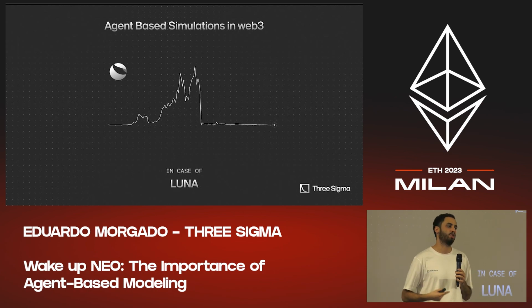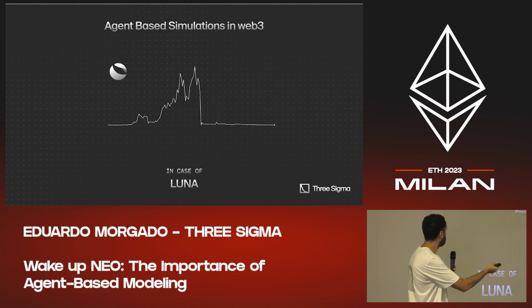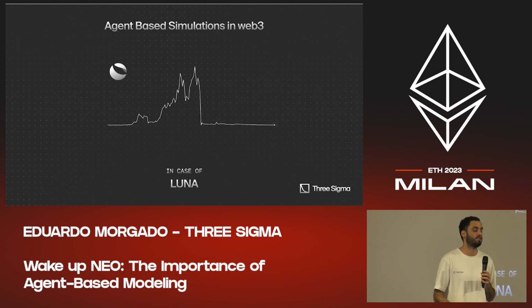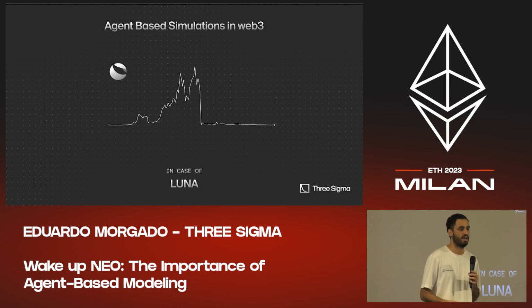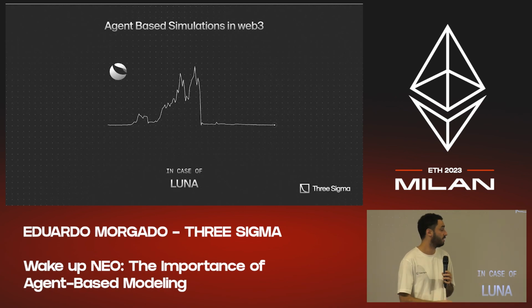And it gets to a point where we have a death spiral, no one is incentivized to do anything but sell, and then we see what happens with this graph. So yeah, this is exactly the sort of thing that could be better understood using agent-based simulations, because we could better understand what are the conditions that then trigger that spiral. That would be the goal in the example of Terra Luna.